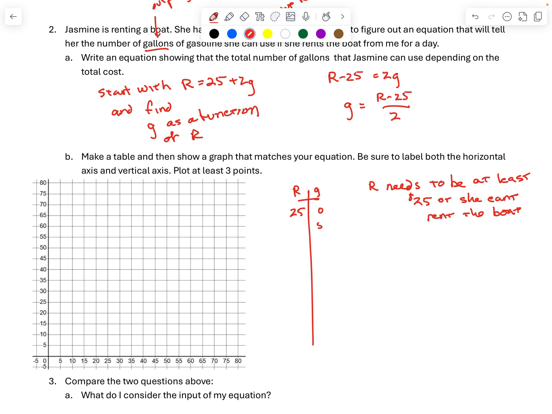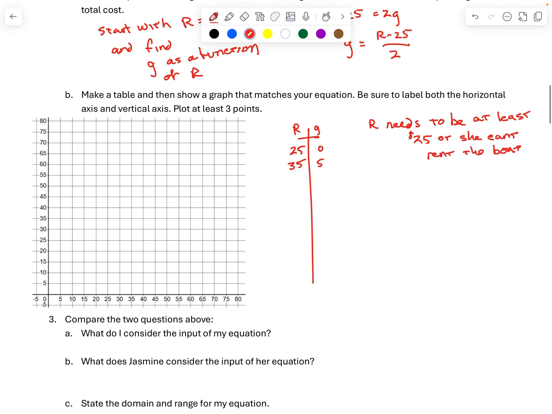Okay, and again, 5 gallons of gas is $10 extra. So if she has $35, she can take 10 halves, 5 gallons of gas, and so forth. You can certainly do it at $26. You just have to figure out it would be 0.5 gallons, and I don't want to plot that.